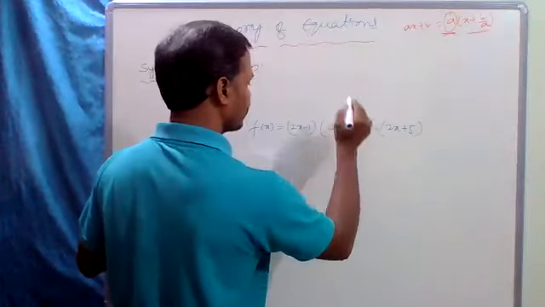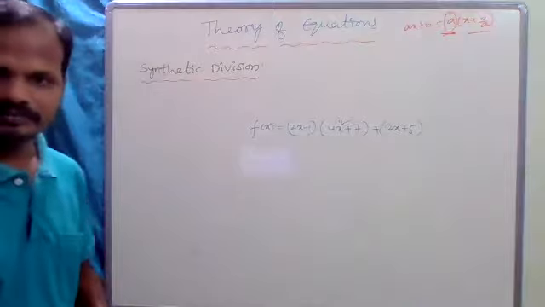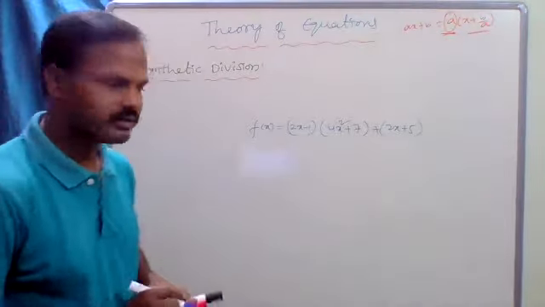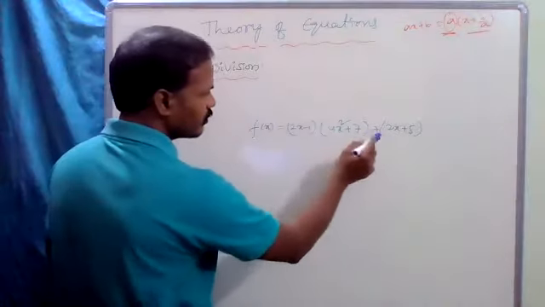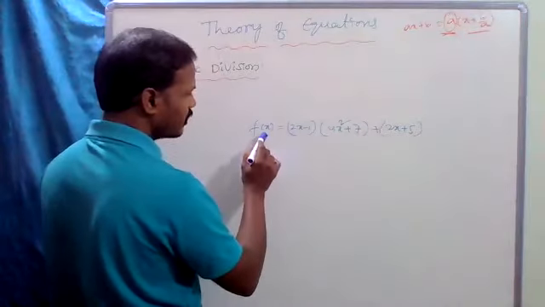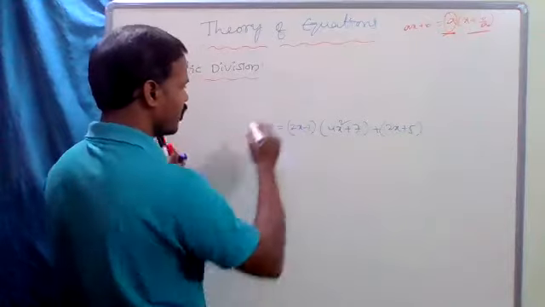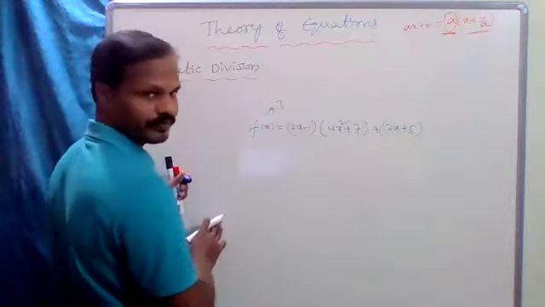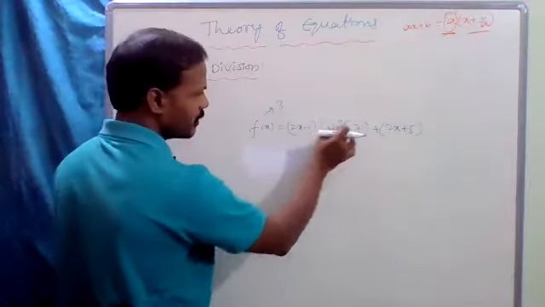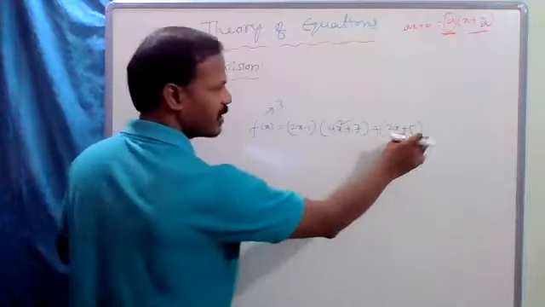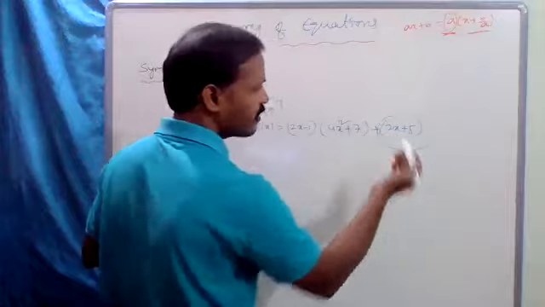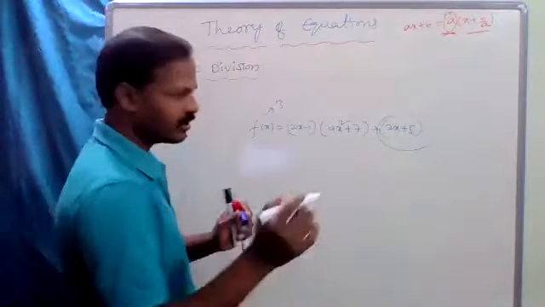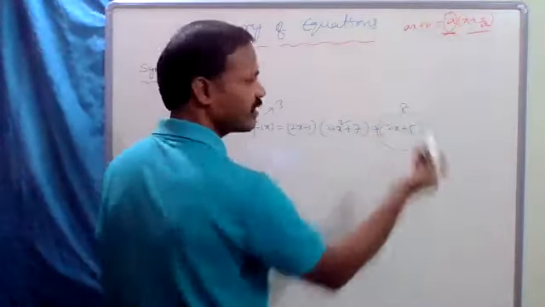Or suppose it came like this. Listen, f of x equal to this. So what is the degree of this one? 2 plus 1, 3. So obviously the degree of this one is 3. So the remainder may be some constant. There is no rule that it must be exactly 2x plus 5. Maybe some constant like 8.